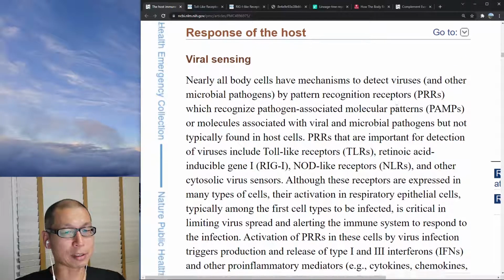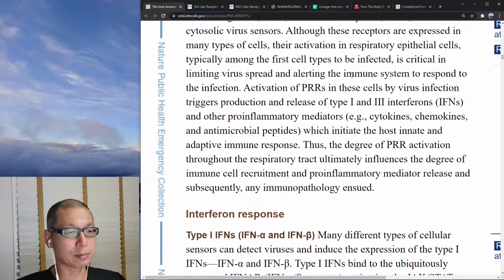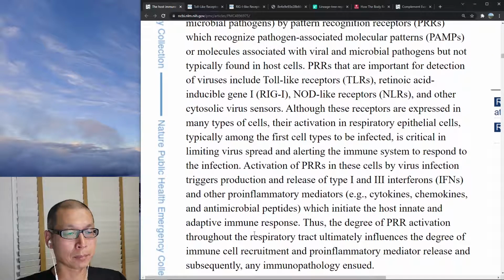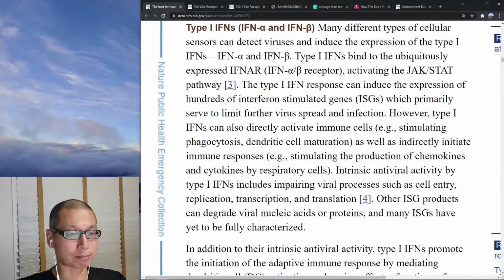So virus sensing, now this is talking about those PAMPs again, those pathogen-associated molecular patterns. There's these pattern recognition receptors we talked about, like the toll-like receptors, RIG-I receptors, NOD receptors. We talked about them. So this is part of the innate immune system. Then what the cells do once they have these pattern recognition receptors activated, they'll make interferon.